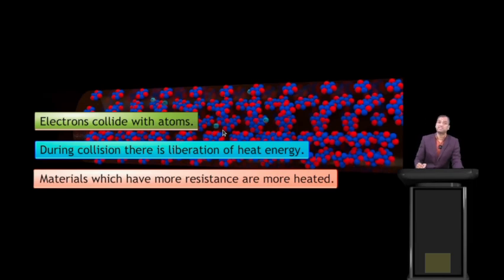If it has more resistance, it is fully packed with atoms, so it produces more heat. Here you can see all these appliances produce heat. We can observe it with an electrical light, with a fan, and also with a mixer grinder.